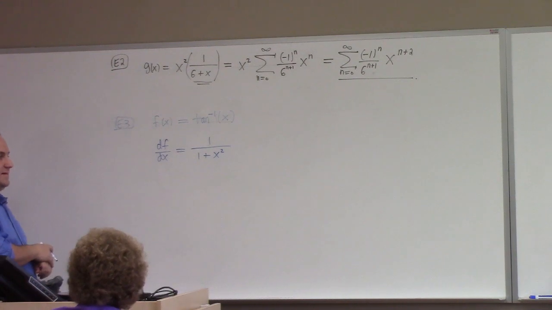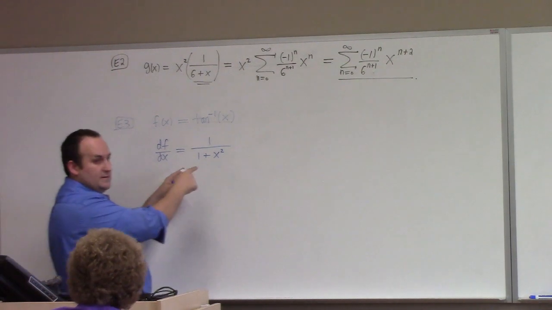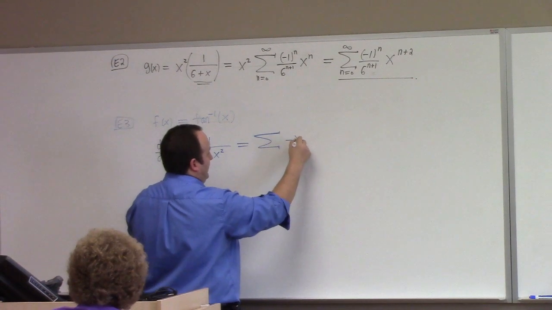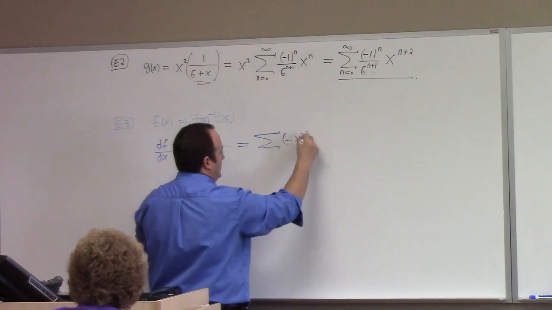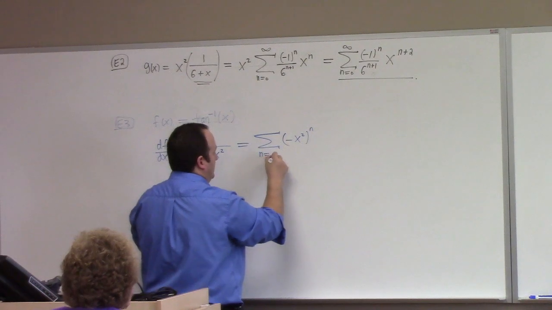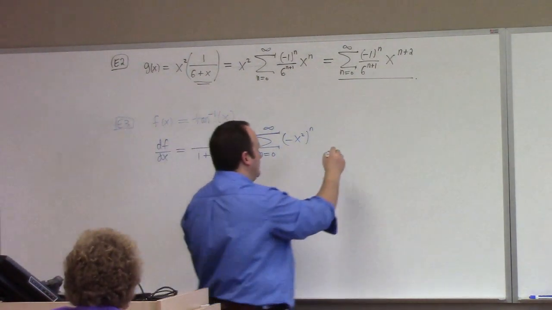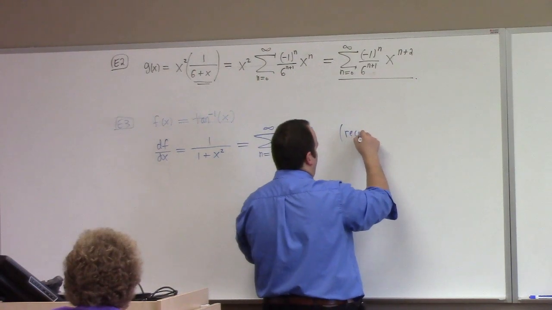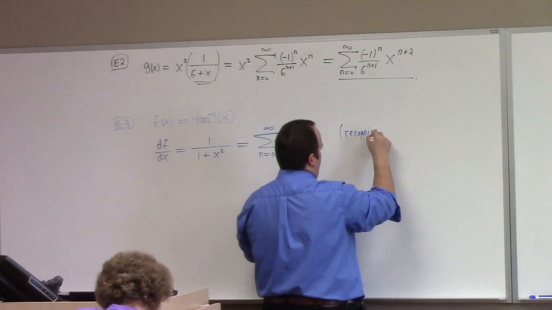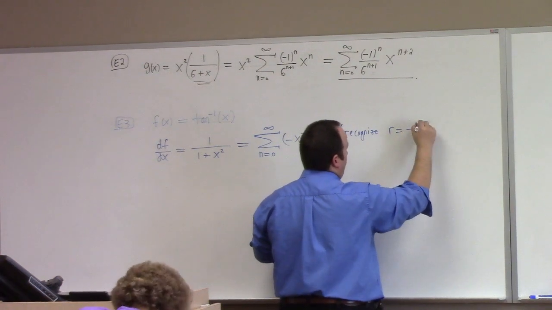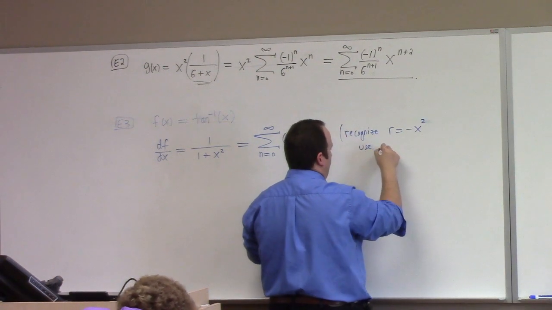Well, that's not bad because that's geometric. This is the sum of minus x squared to the n, n equals 0 to infinity, right? Recognizing r equals minus x squared, use geometric.